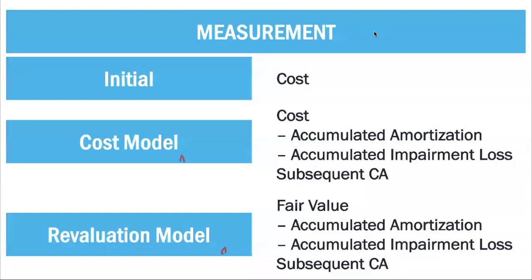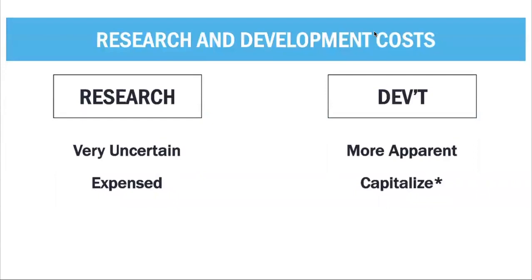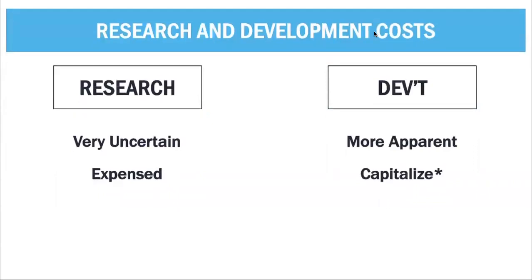We already know what the cost model and the revaluation model are, and we already know how to measure the cost, whether we purchase through cash, non-cash consideration, issuance of shares, issuance of bonds, exchange, etc. Same rules on initial and subsequent measurement: cost model or revaluation model for subsequent measurement. But one thing is different here.